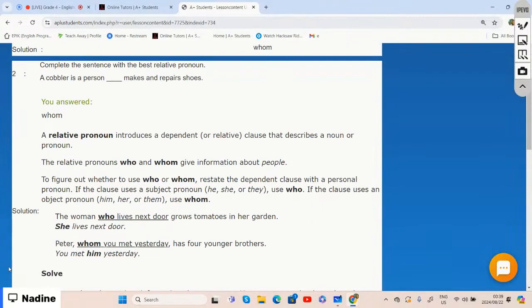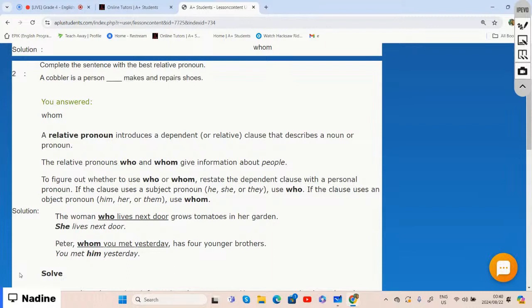A relative pronoun introduces a dependent or relative clause that describes a noun or pronoun. It connects a noun or pronoun to the rest of the clause. And when we use who or whom, it gives us information about people. Who is about a person, whom is about a person, right?